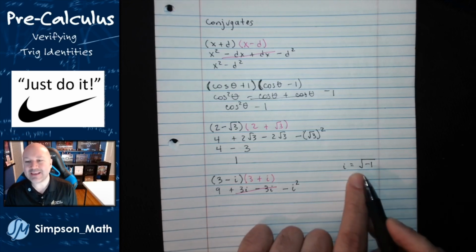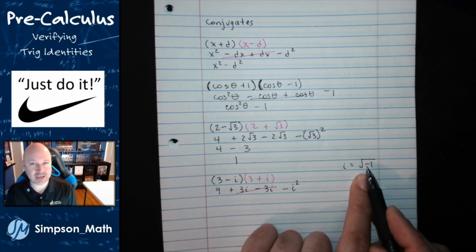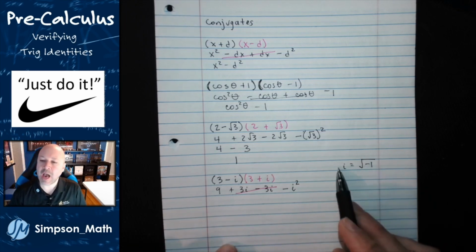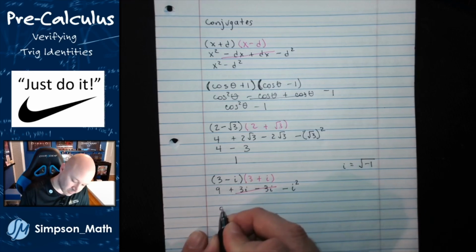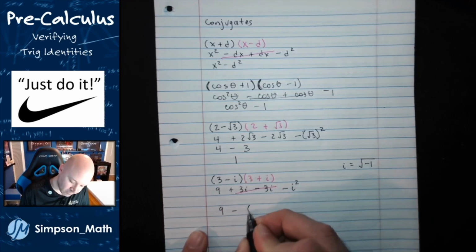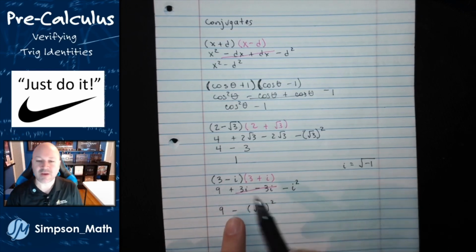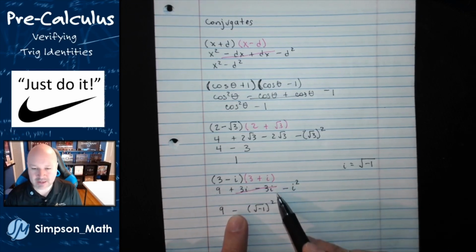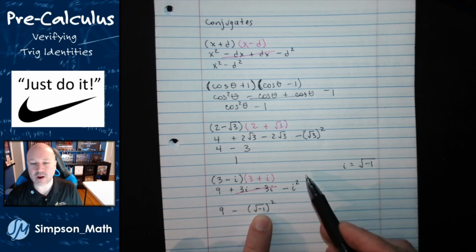It comes from trying to take the square root of a negative 1. I'm going to make that substitution. So I have 9 minus that i, which is the square root of negative 1, being squared.